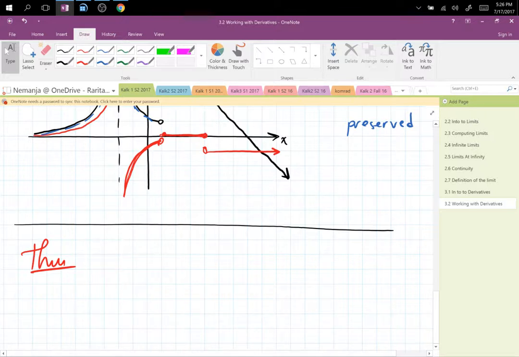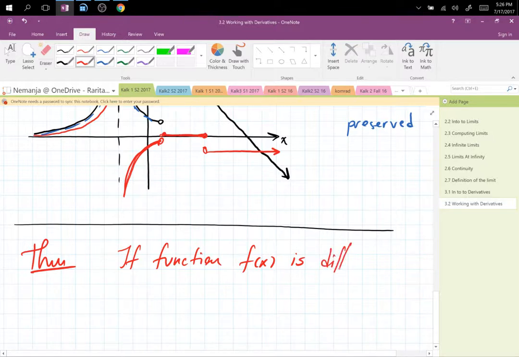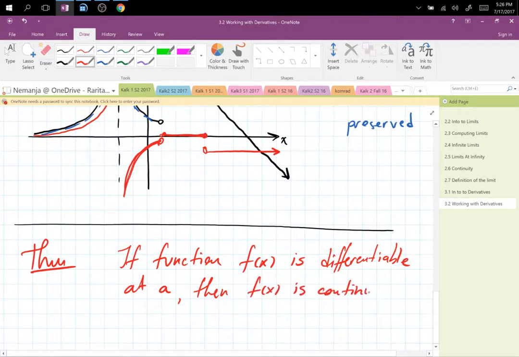So if function f of x is differentiable at a, then f of x is continuous at a.